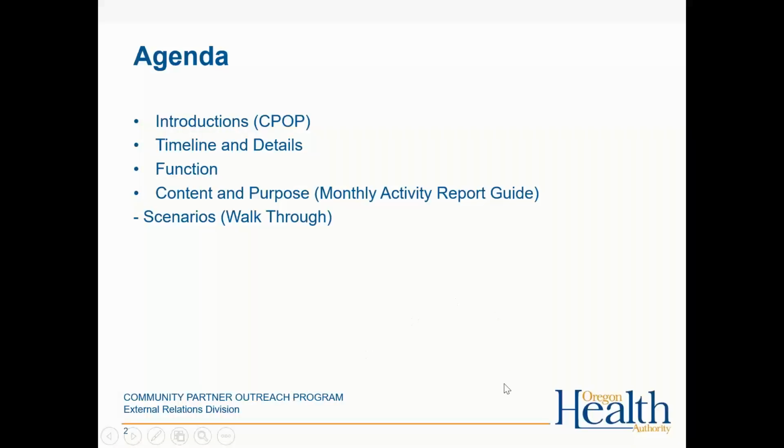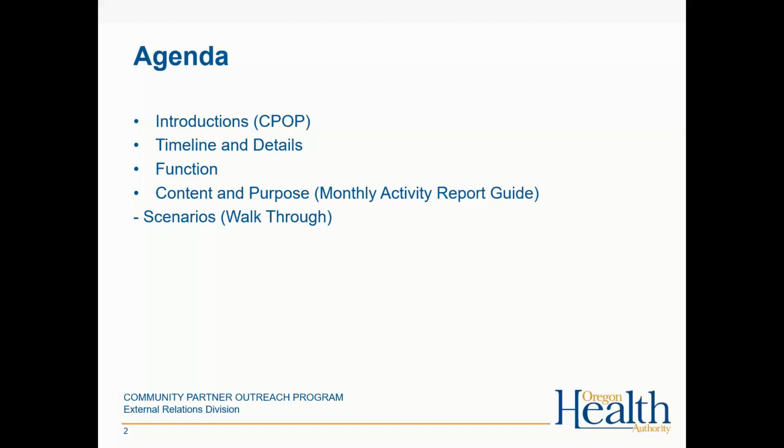So the agenda is going to be a quick introduction. I'm going to go through a little bit of the logistics, the timelines and details around the monthly activity report. I'm going to flow through the functions of the actual link so you can see how it works. I'll attempt to go a little bit slower so you can see how everything is functioning.